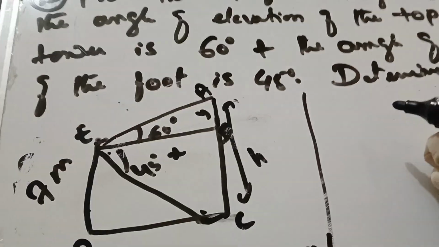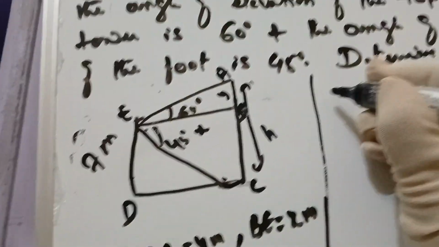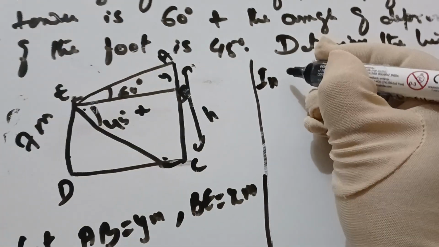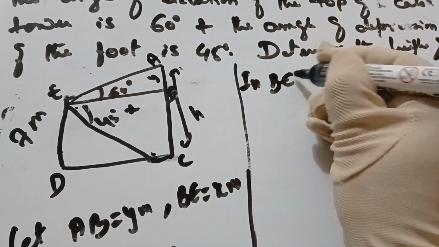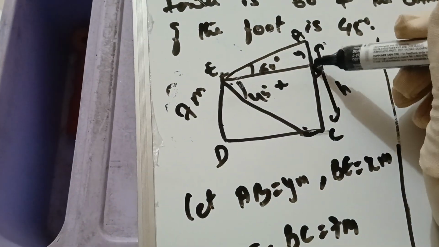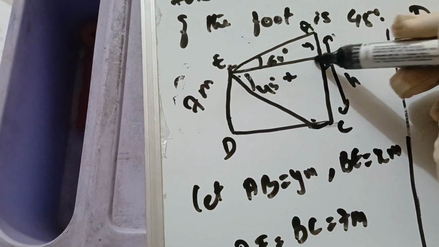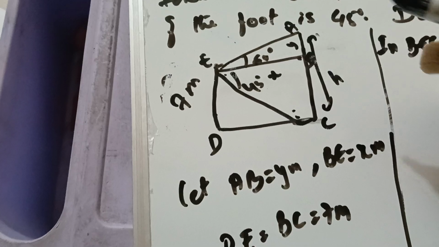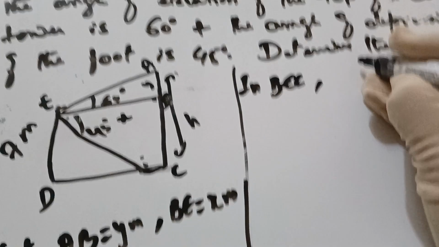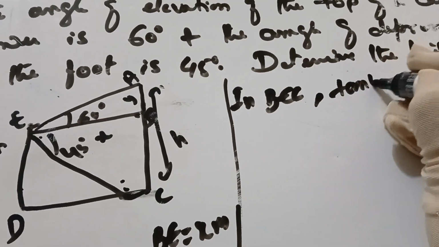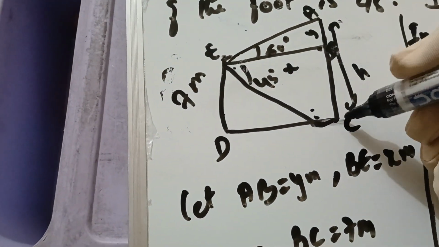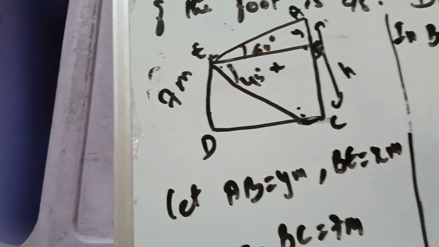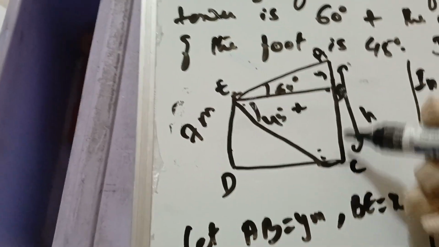Now we have to solve the triangle. Which triangle will we solve first? We will solve triangle BEC. Here tan 45 degrees is opposite by adjacent, BC by BE.